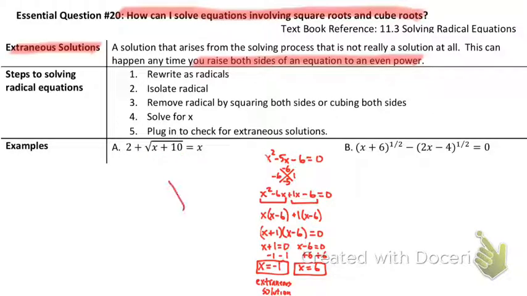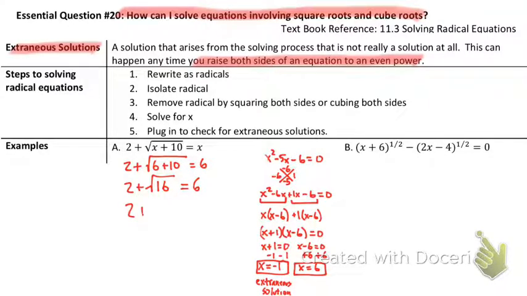So we have 2 plus radical, and then we have 6 plus 10 equal to 6. Square root of 16 equal to 6. Okay, square root of 16 is 4, so it's 2 plus 4 is equal to, oops, I made a little mistake here. This is 6.